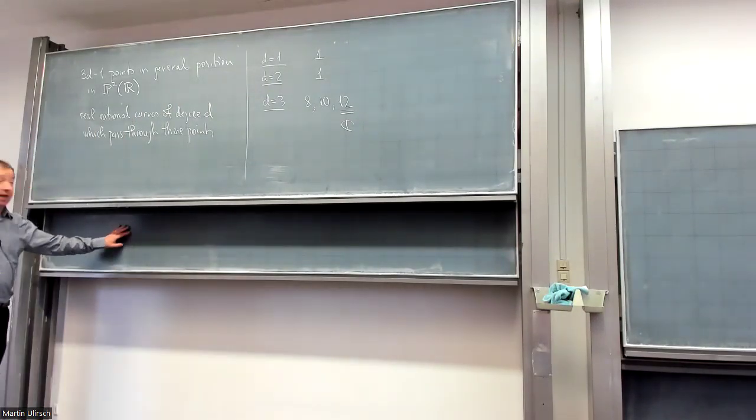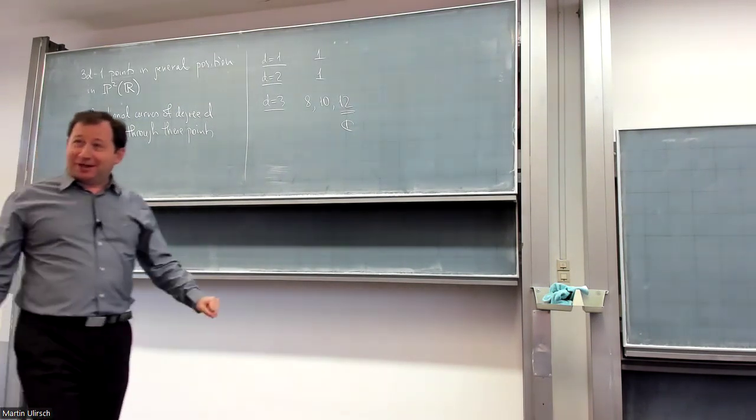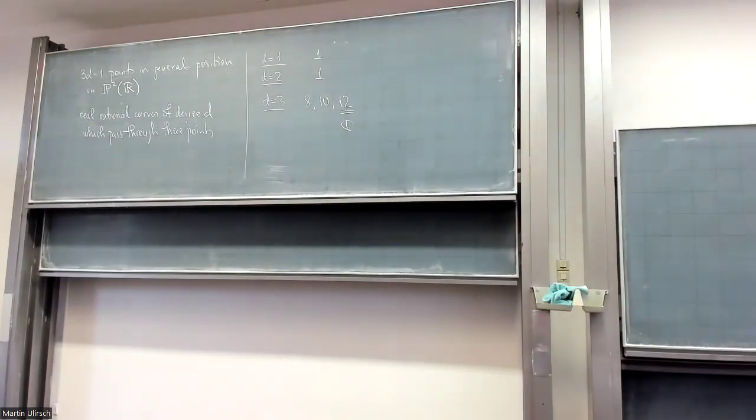Other questions? Yes. Is it clear which one, can you effectively say? Well, it depends. What do you mean effectively? So no, it's tricky. If you have a concrete collection of points, you can try to figure out what the answer is, but I don't know any immediate answer to this problem.